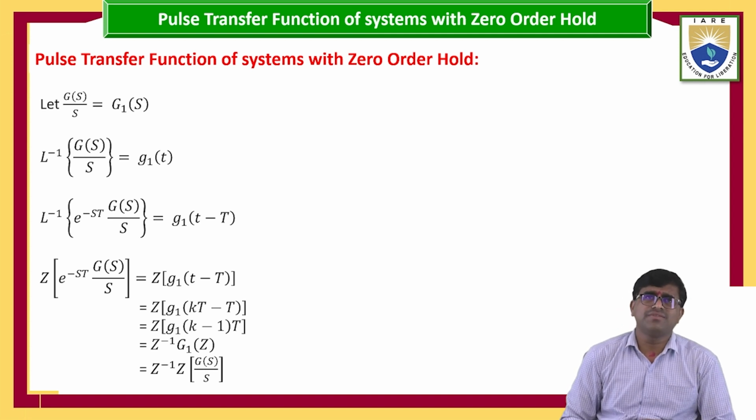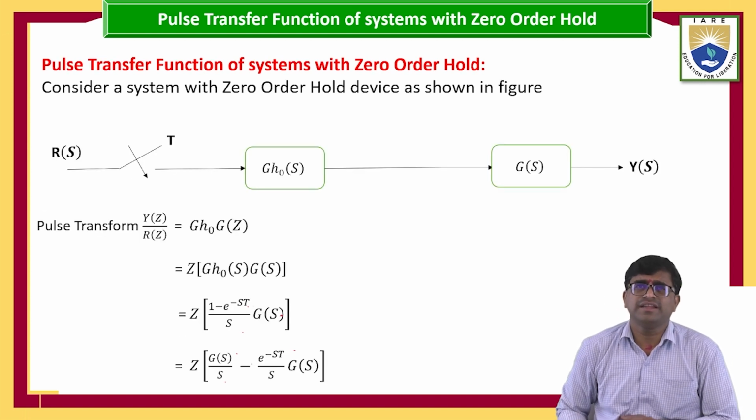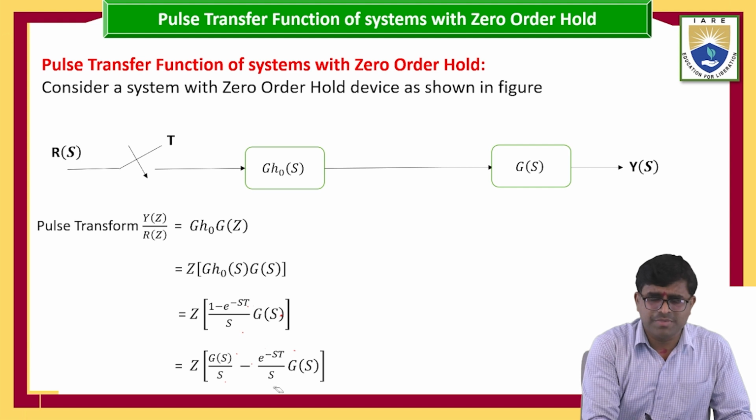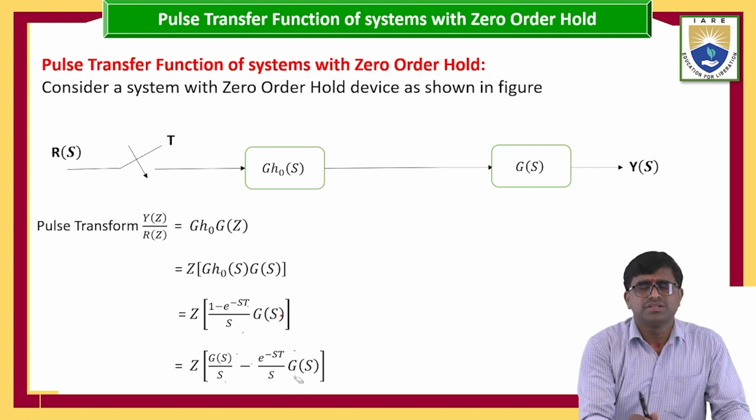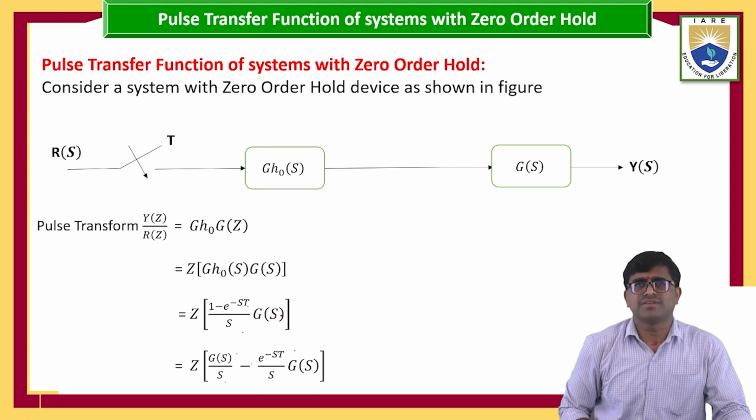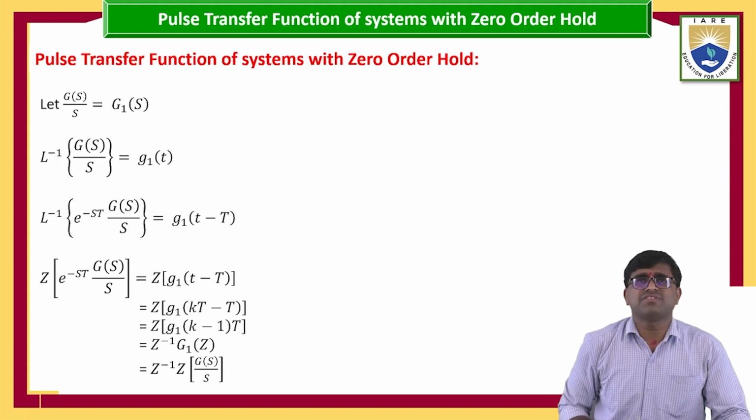For the second one, the inverse Laplace transform of e power of minus sT by S into G of S is G1 of t minus T.